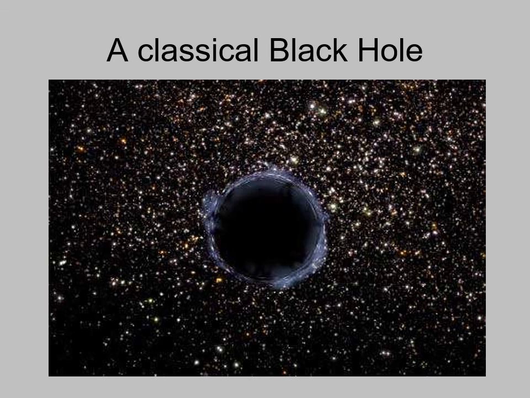So this gives an idea of what we would generically call a black hole. Something closer than that Schwarzschild radius, anything happening there can't get away, and so that would be a definition of a black hole. Now, this is a classical definition of it, but it turns out it's way more complicated than that.